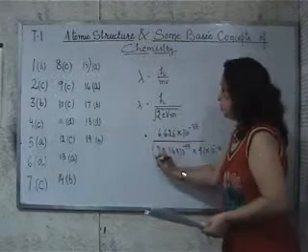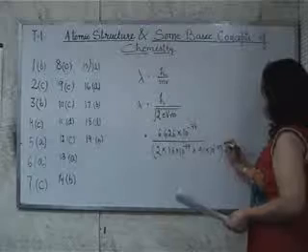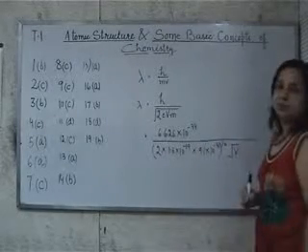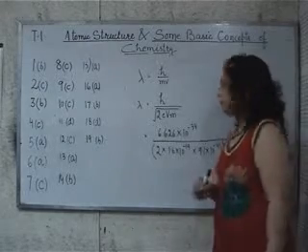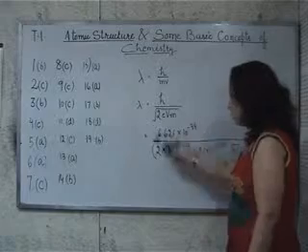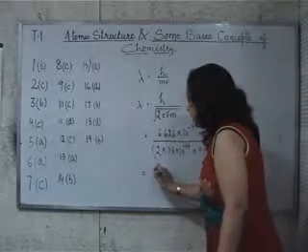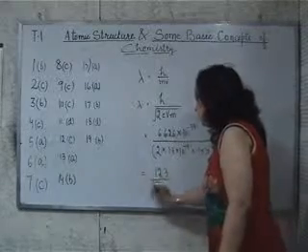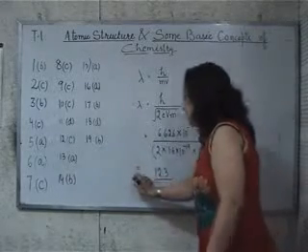It is under the root, therefore I have taken power half, and root V is kept as such, root of potential. When these values are solved, it comes out to be 12.3 divided by root V, that is lambda.